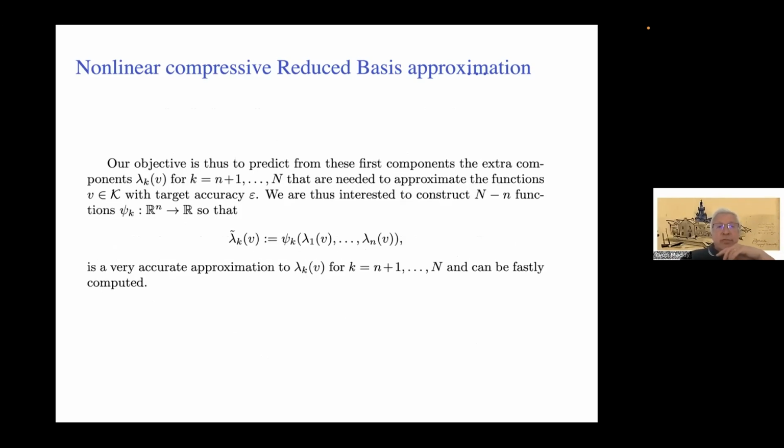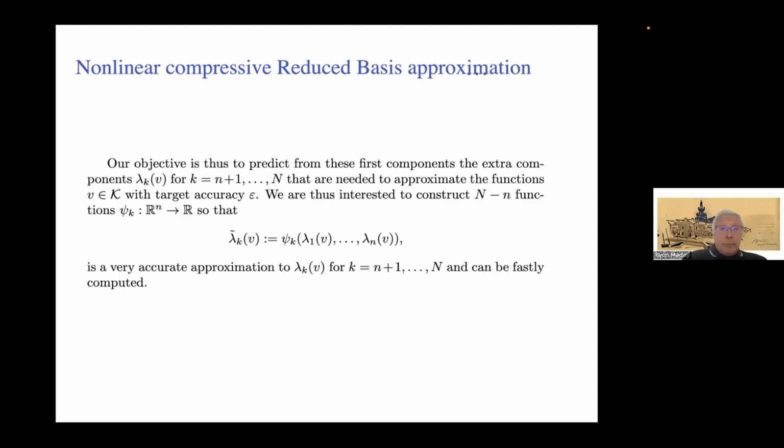So how do we do this? We have to predict the value lambda k of v, which I will later denote v_k, the coefficients in the reduced basis for k going from small n plus 1 to capital N, with capital N being the Kolmogorov n and small n being the sensing number.